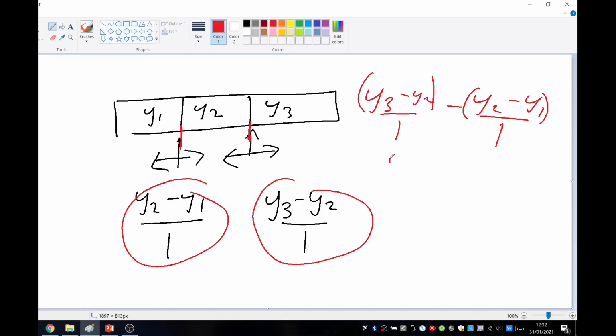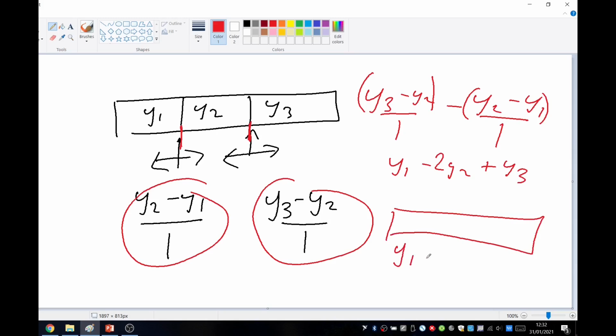So that equals y1 minus 2y2 plus y3. So if we draw that, and that's our y1, y2, and y3, we've got one of them, we've got minus 2 of them, and we've got one of them.